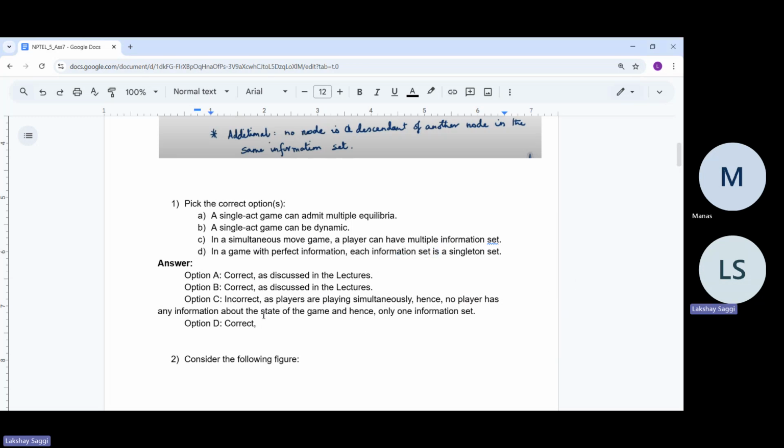Because every information set contains just a single node, because a player is able to distinguish between every pair of nodes.